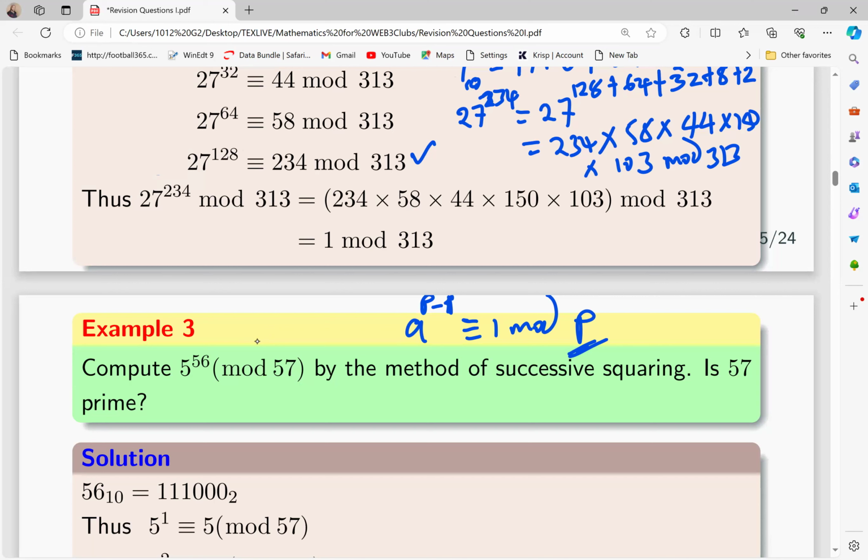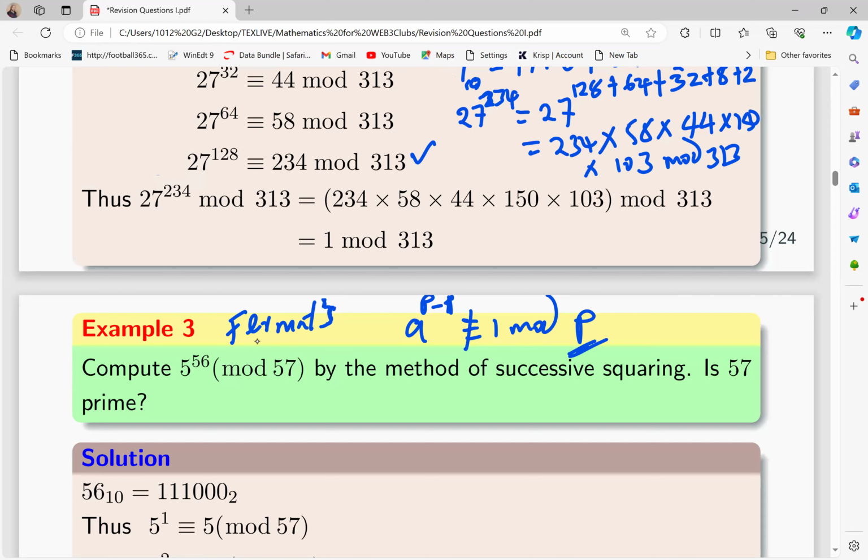But if the result is not 1, then P is not prime. The example I want us to look at, and the one that follows, will help us emphasize that point. This is what Fermat's little theorem says. You just pick any number.